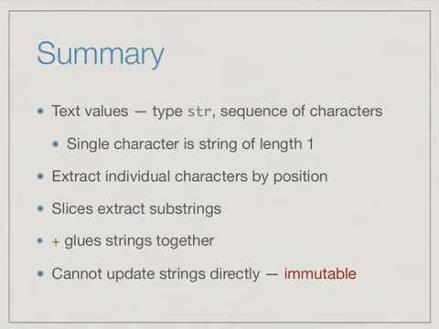We can use slices to extract substrings, and we can glue strings together using the concatenation operator plus. But strings are immutable, so we cannot take a value assigned to a string name and update it in place. We can create a new value by manipulating it using slices and concatenation, but we cannot directly update it because strings are immutable.